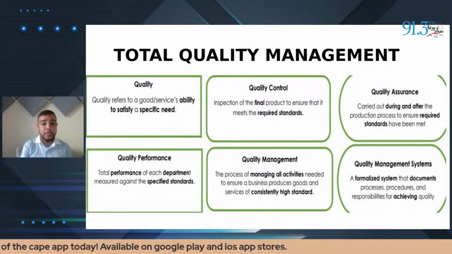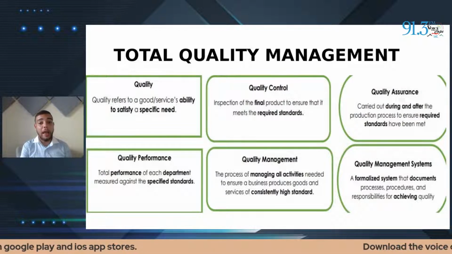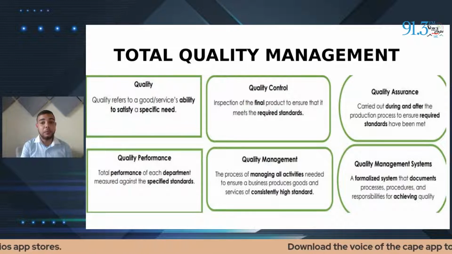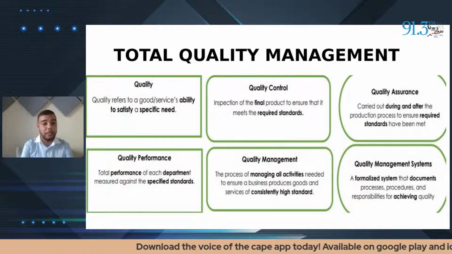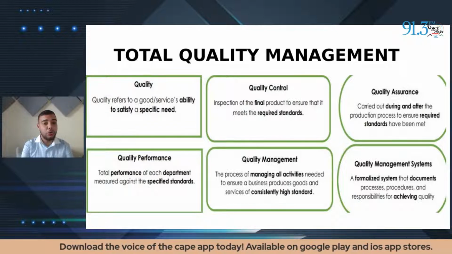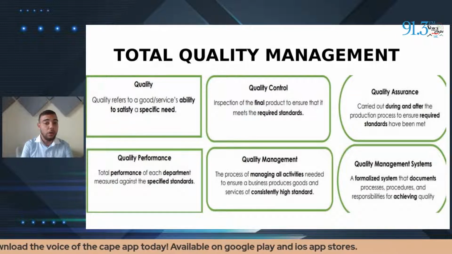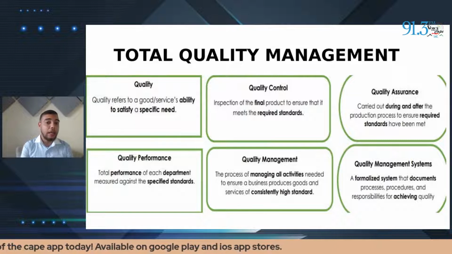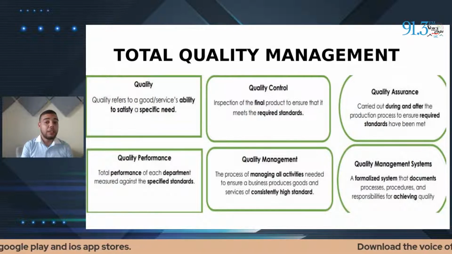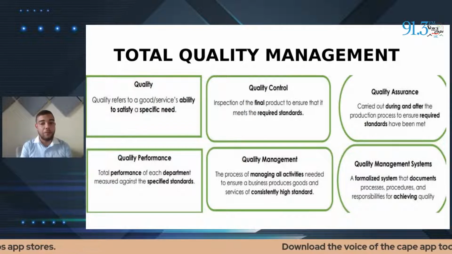Quality assurance is carried out during and after, very important, during and after the production process to ensure required standards have been met. They will definitely ask you to differentiate between quality control, which is inspection of the final product, and quality assurance, which is carried out during and after the production process.